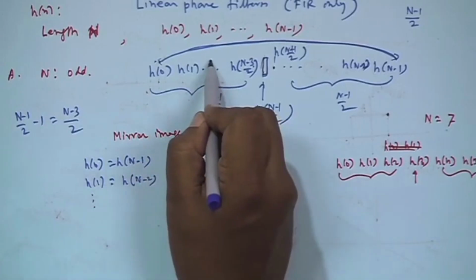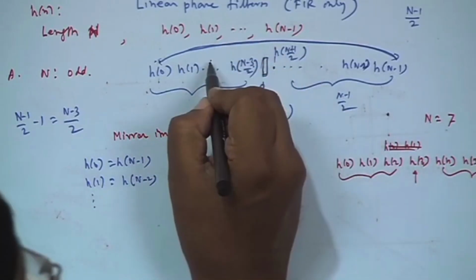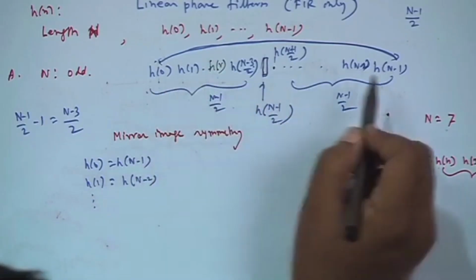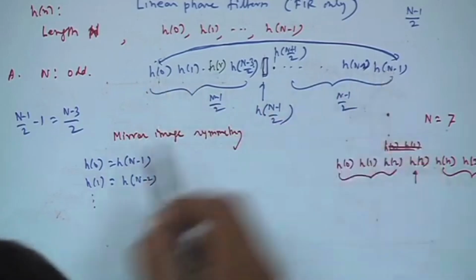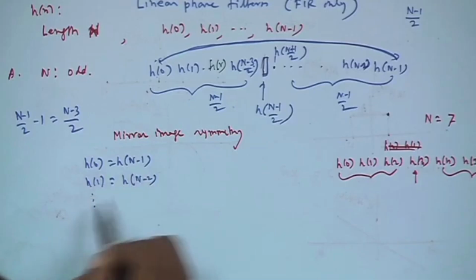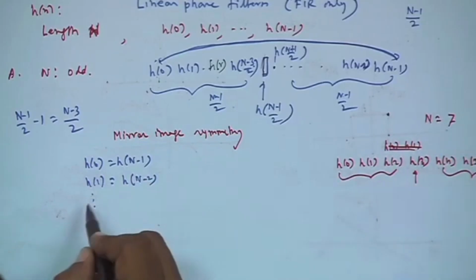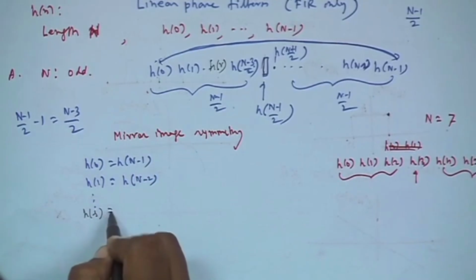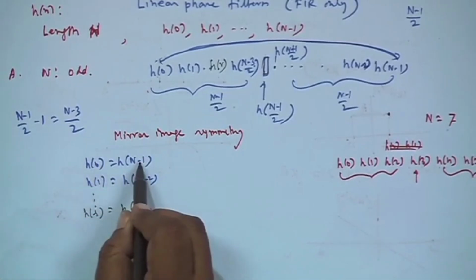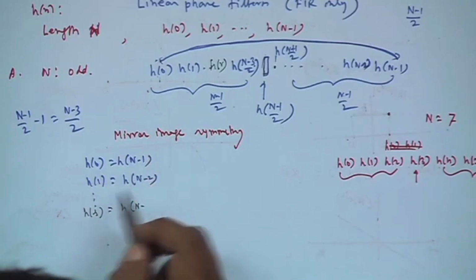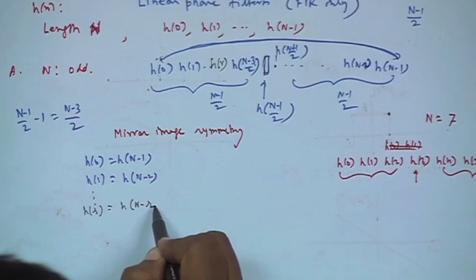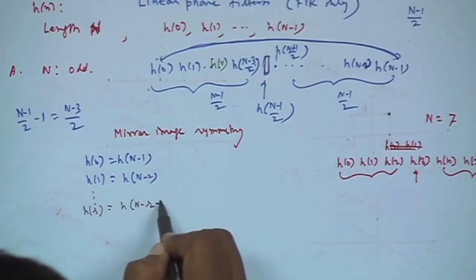If you take a general case H r, see 0, n minus 1; 1, n minus 2; if you go up to H r, it will be n minus r minus 1.